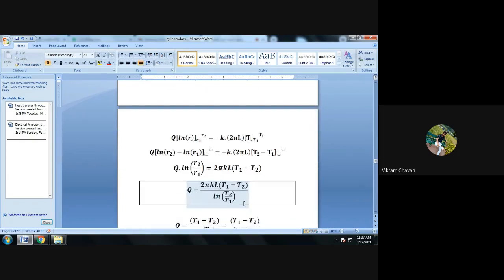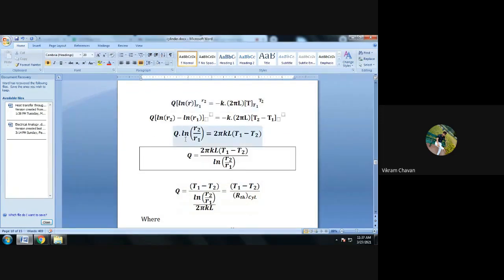Getting everyone? Now once again we have to apply the logarithmic rule. Ln of r2 minus ln of r1 becomes ln of r2 divided by r1. So q multiplied by ln of r2 divided by r1 is equal to, here we have taken the negative sign inside the bracket, so that minus t1 becomes plus t1 and plus t2 becomes minus t2.